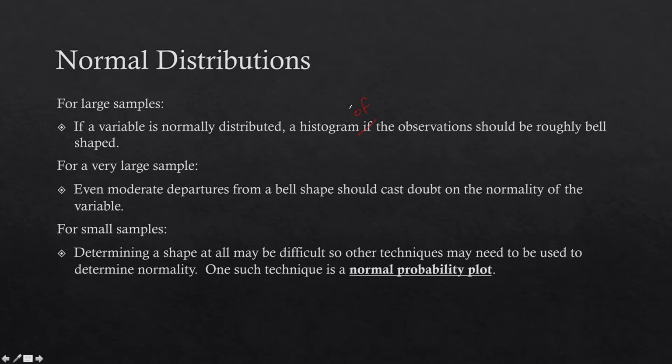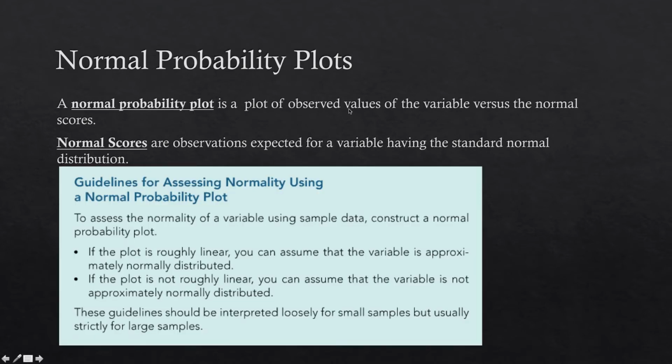But for small samples, it may be difficult to determine normality unless you have some other technique like the normal probability plot. And this is what a normal probability plot basically is. It's a plot of the observed values versus the normal scores. The normal scores are your scores that we get from standard normal distributions, your z-scores, okay?